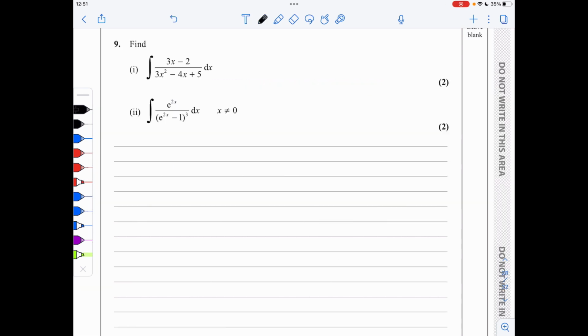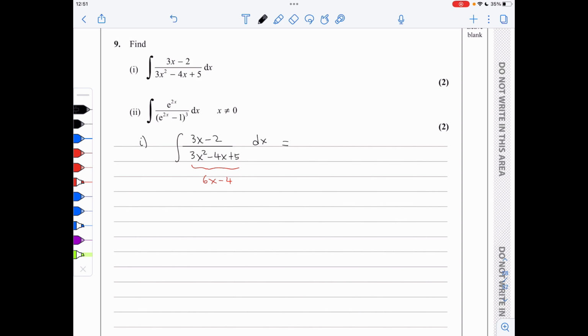Question 9, we've got to find this indefinite integral. So in the numerator, we've got 3x minus 2. In the denominator, we've got 3x squared minus 4x plus 5. We observe that the derivative of the denominator is 6x minus 4. So it would be great if I had this exactly in the numerator.